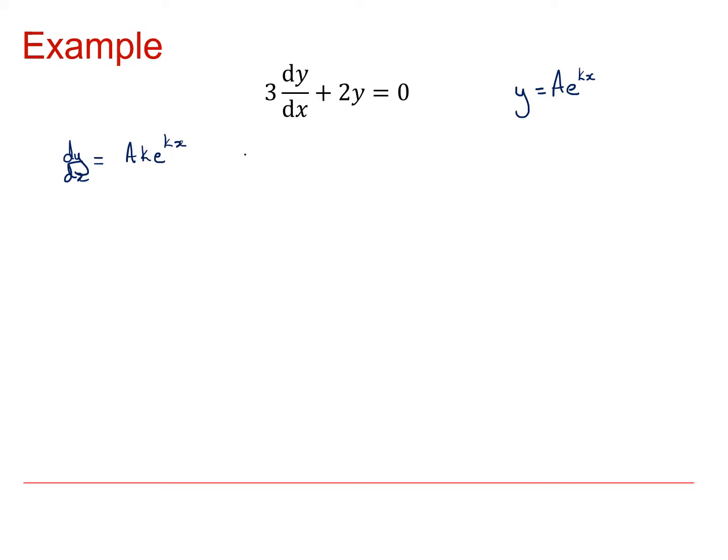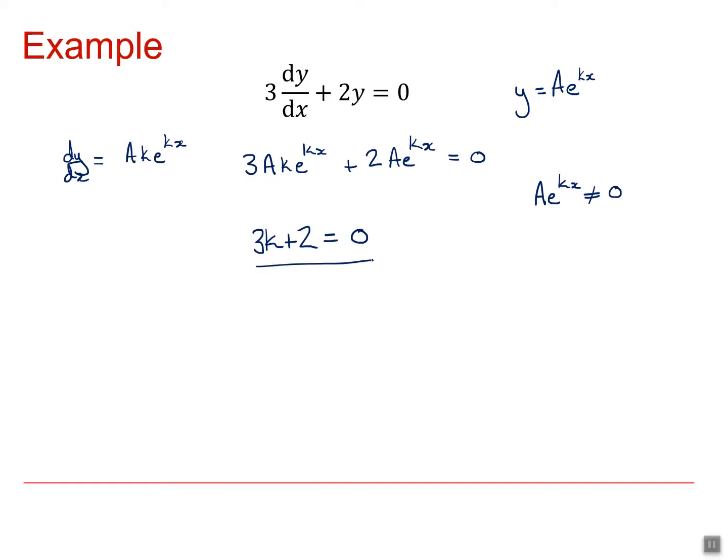And so putting that into that differential equation, I'm going to get 3 lots of a k e to the kx plus 2 lots of a e to the kx is equal to 0. Now, provided a e to the kx is not equal to 0, this equation just simplifies down to 3k plus 2 equals 0.